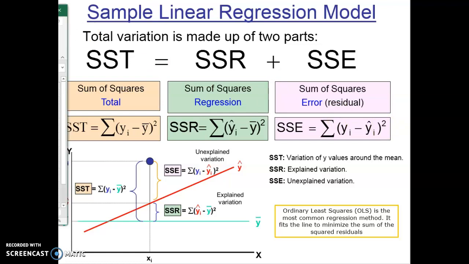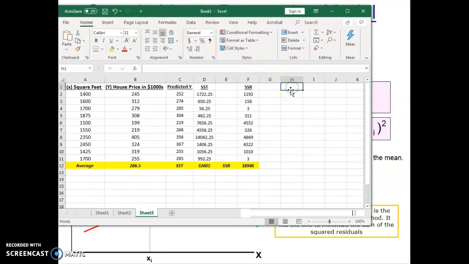So let's go back to our data and create sum of squared errors. Now I want to create my formula. This is going to be equal to our actual value, home price, minus our predicted value, and I need to square that.